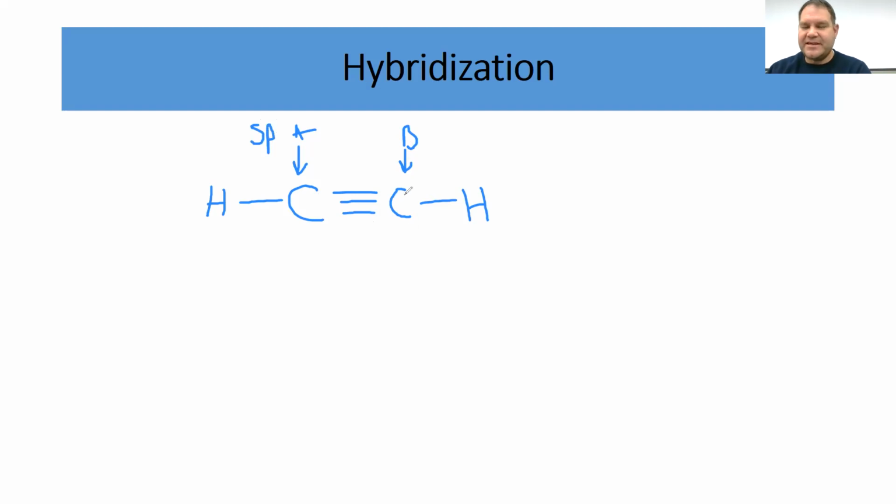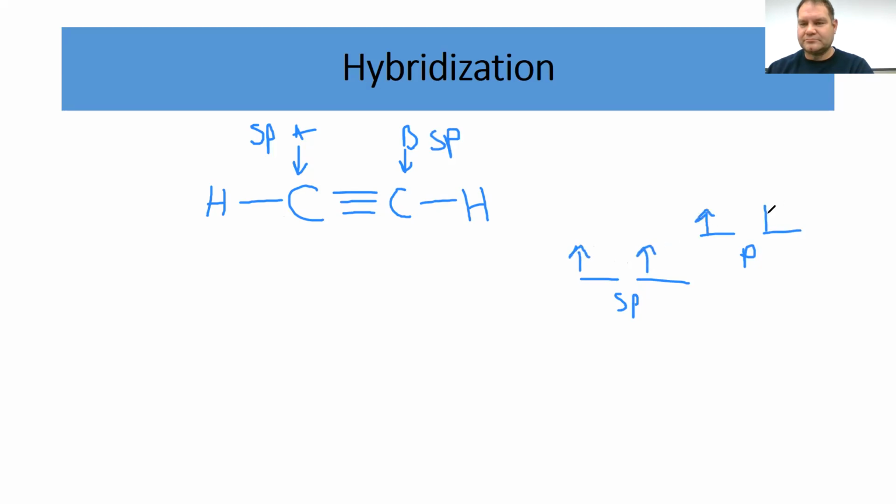And the same thing with the other central atom, S, P1, SP, okay? So we just count SP, SP, okay? So we know the hybridization that is occurring is going to create only 2 SP hybrid orbitals, and 2 p orbitals are left over, and each one has an electron in it.